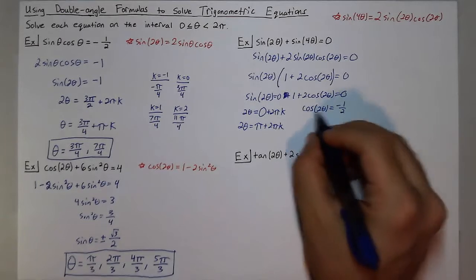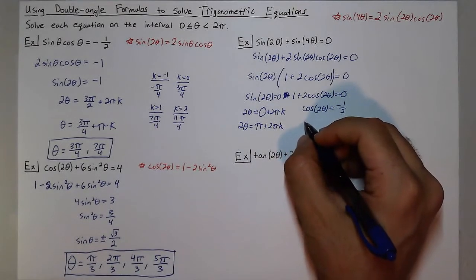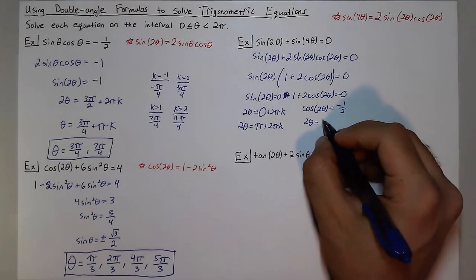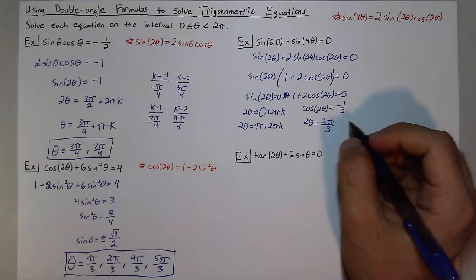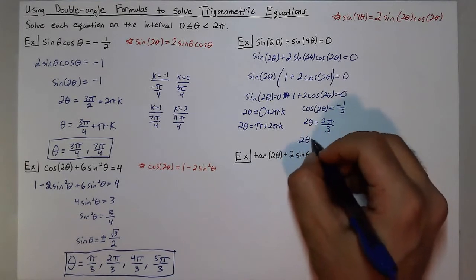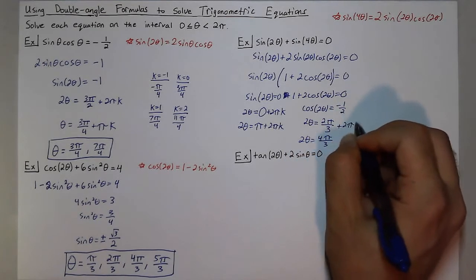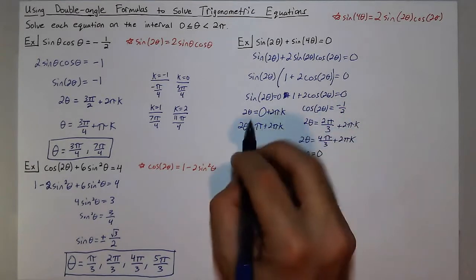Over here, when does cosine equal negative 1/2? That happens in the second quadrant at 2 pi over 3, and in the fourth quadrant at 4 pi over 3. Again, plus 2 pi k for the normal period of cosine. And now we'll divide by 2 in all these equations.